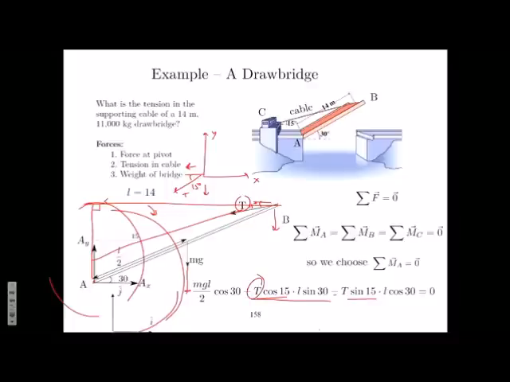Right? Okay, so the question is, what if I was interested in, let's say, the reaction at A? How would I solve for that? So I want to solve for the reaction at A, the reaction forces at A, AX and AY. Anyone? Any ideas? How can I solve for reaction at A?